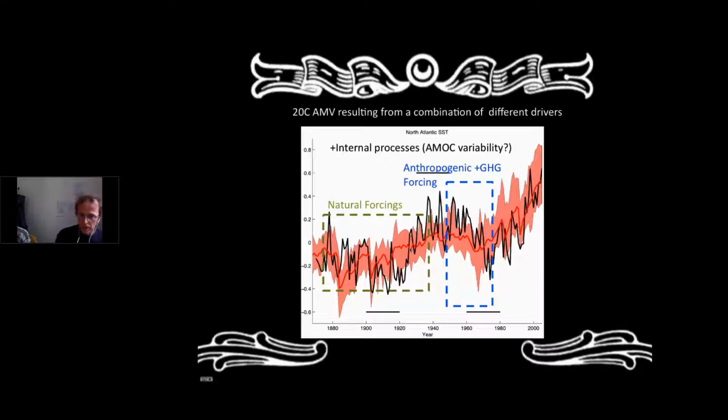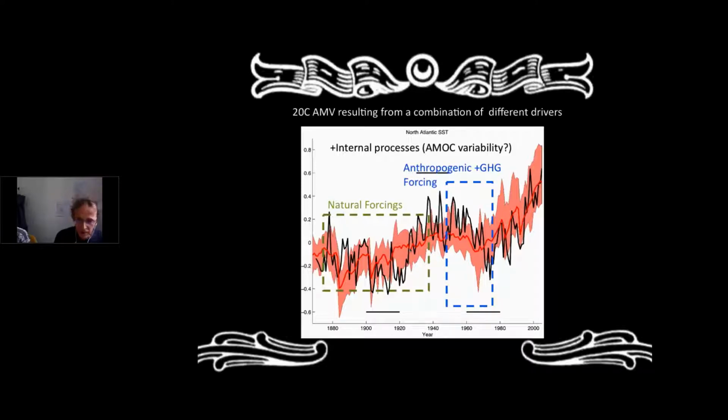And above all, again, we cannot rule out the role of internal processes, because the AMOC is also at work. It might well be that if we look at the pre-industrial age or paleo data, where we also know that there is a low frequency variability in the Atlantic, the ocean dynamics and in particular the AMOC might have played an important role.